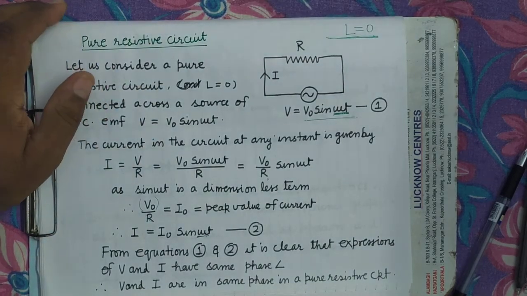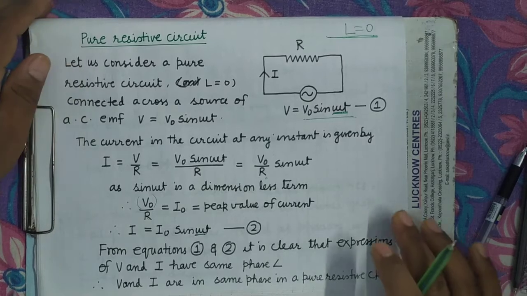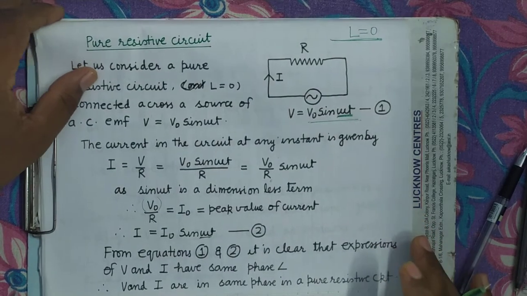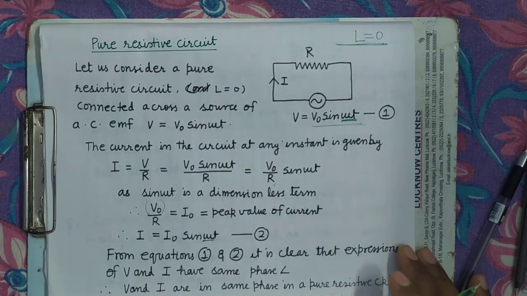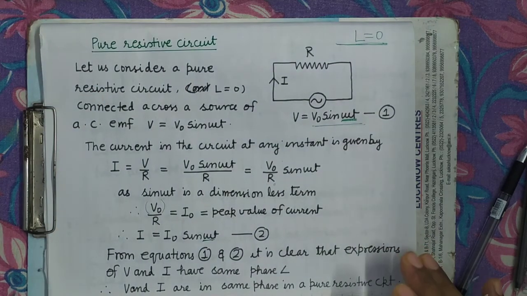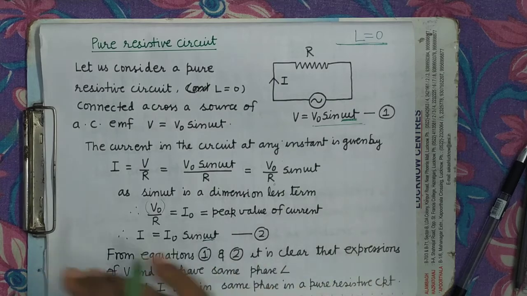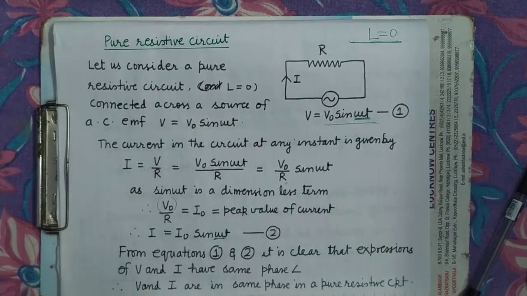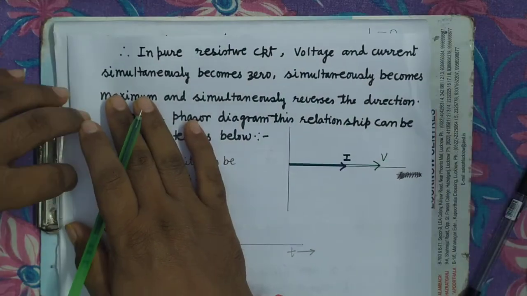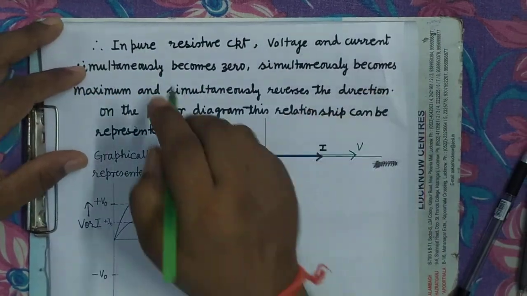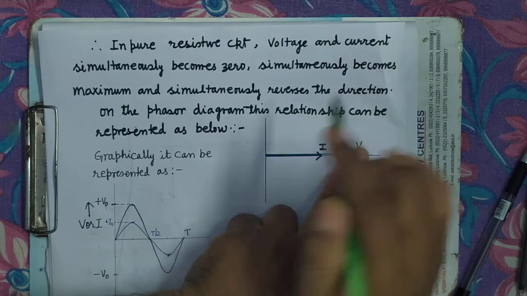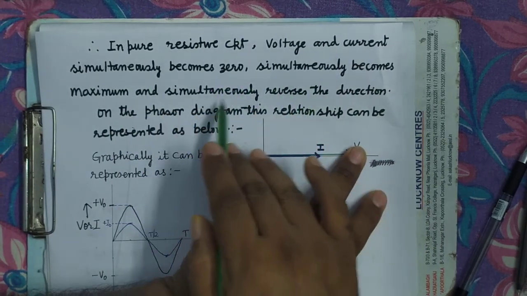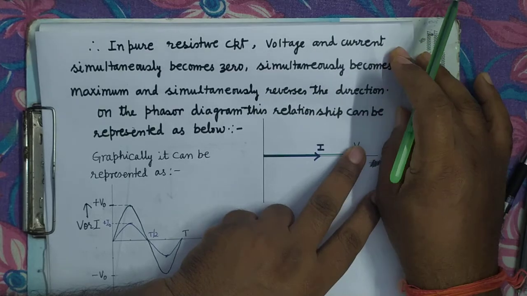So how will you represent this with the help of the phasor diagram? You can see here I have drawn the phasors of voltage and current. Here it is written: in a pure resistive circuit, voltage and current simultaneously become 0, simultaneously become maximum, and simultaneously reverse direction.